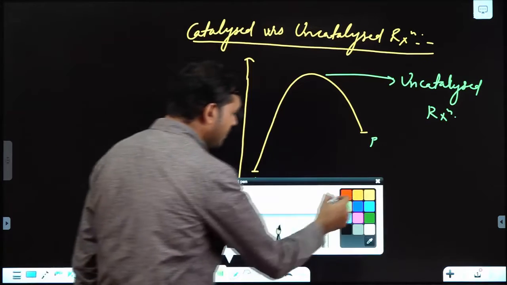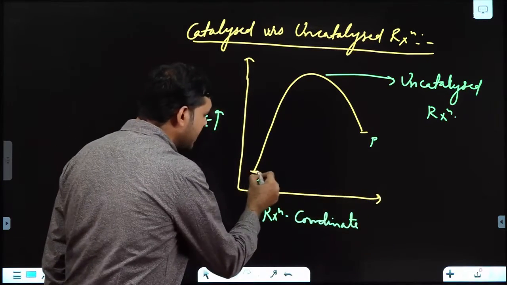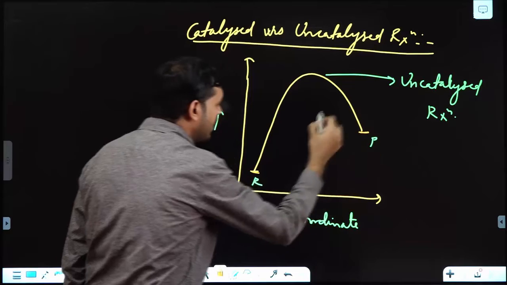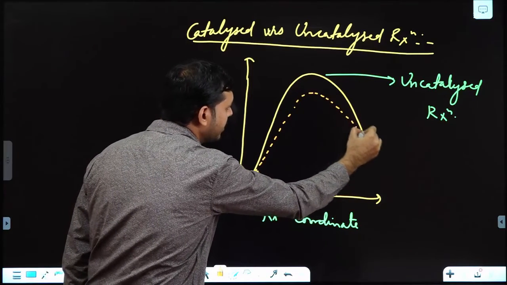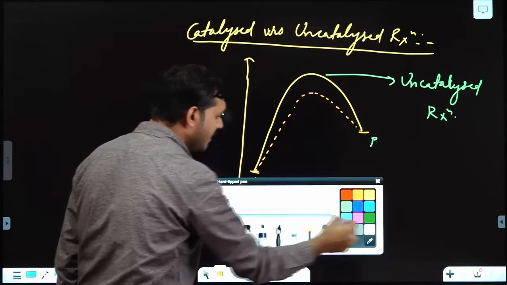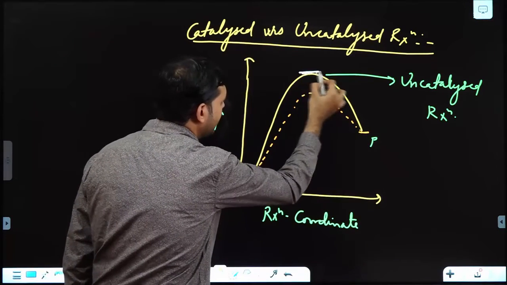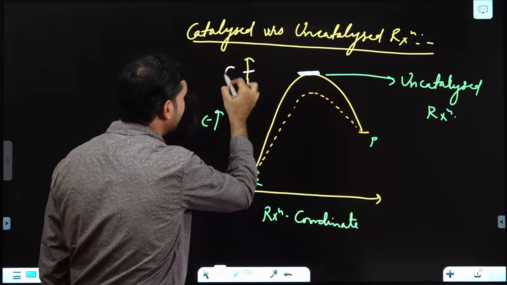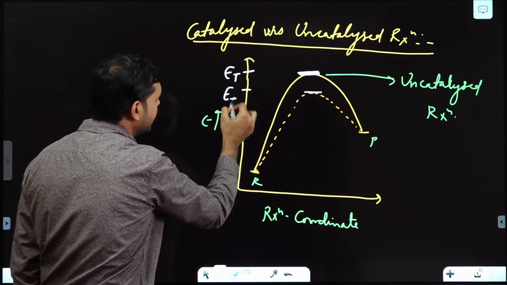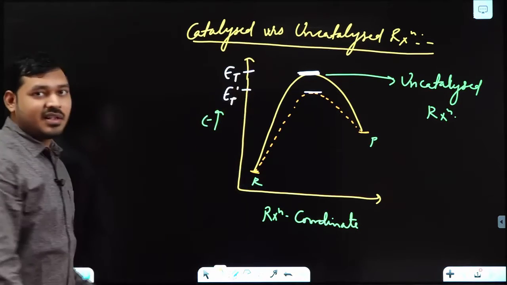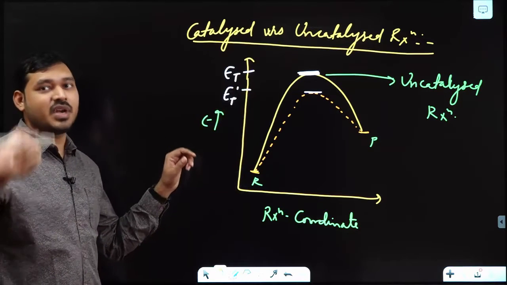If I have to draw from the graph, you can understand it will start from here only, it will end here only, but the graph will go like this. See, what is the difference? Here you need this much of threshold energy, ET, and now it is ET dash. Now I am using another term, threshold energy.